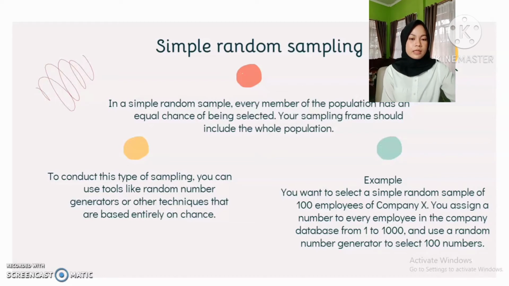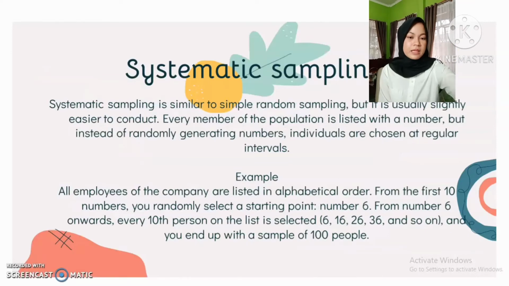And the next is about systematic sampling. Systematic sampling is similar to simple random sampling, but it is usually slightly easier to conduct. Every member of the population is listed with a number, but instead of randomly generating numbers, individuals are chosen at regular intervals. For example, all employees of the company are listed in alphabetical order.